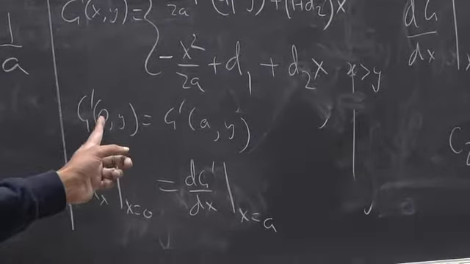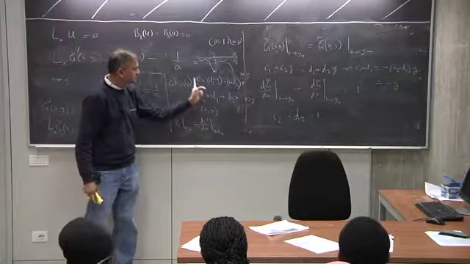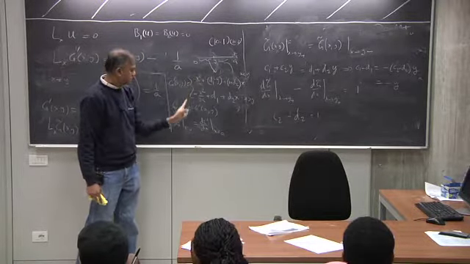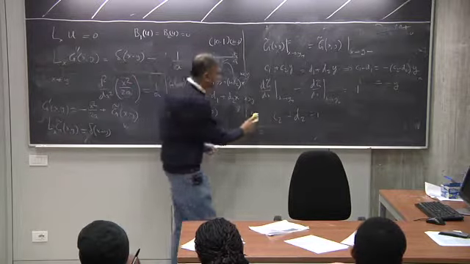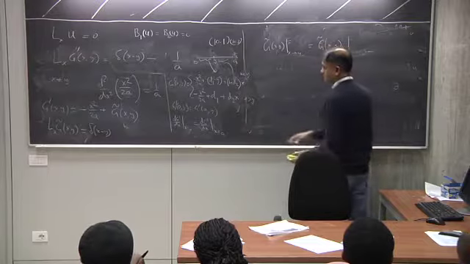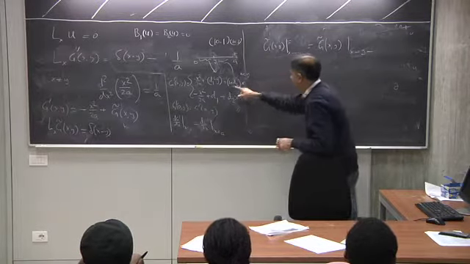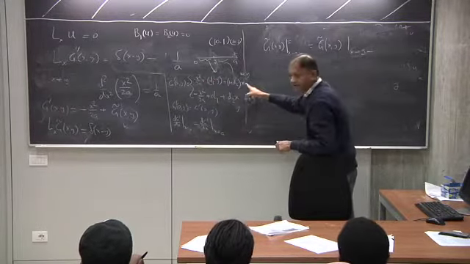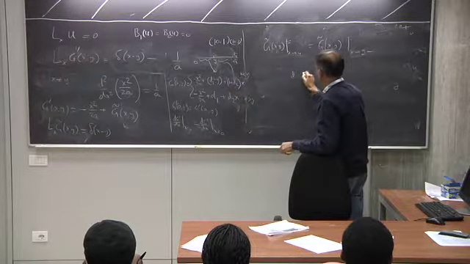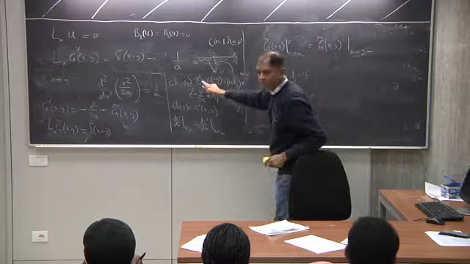Now this is x equal to 0, so this is in the region x less than y, right? I have to just put x equal to 0 in this solution. So you get here d1 minus y, because these two terms drop out.